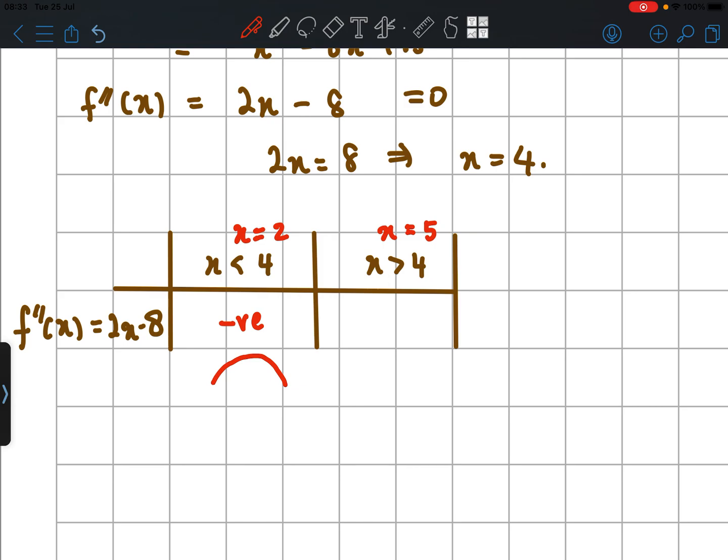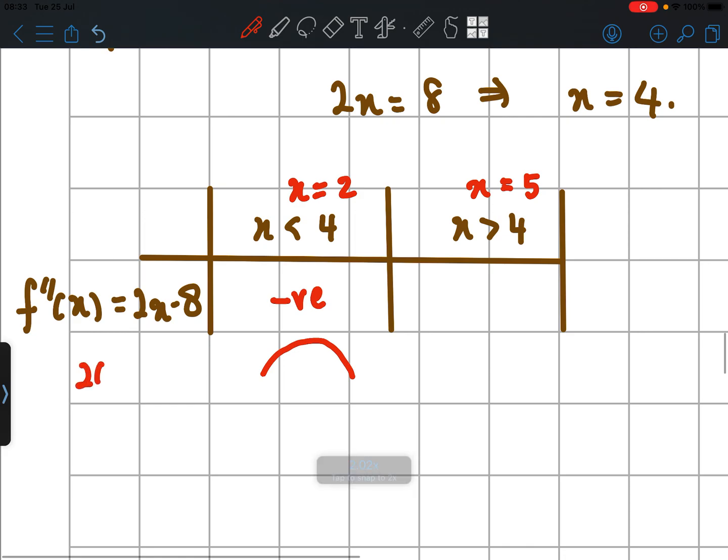Sorry, 2 times 2 is 4, right? 4 minus 8, x is less than 4, yeah, I think that's correct.